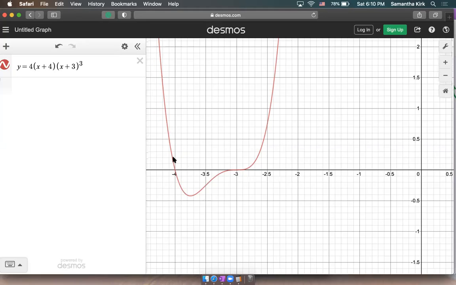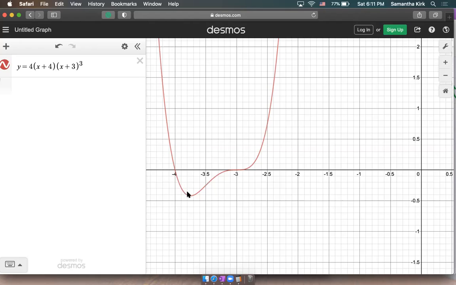Now, something we could do to get a better picture of our graph is to plug in points. So we could plug in something like -5 into your function. Points that you would really want to plug in are things between the roots. So if you plugged in -3.7 into your function, you get this point here, and then maybe -3.6, and you'd get another point here.